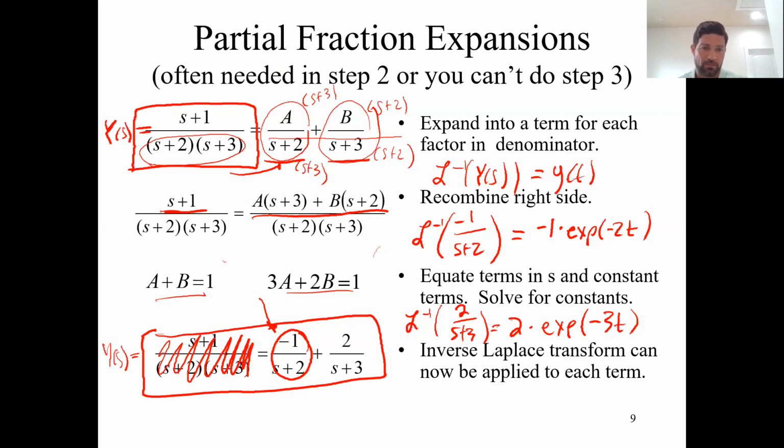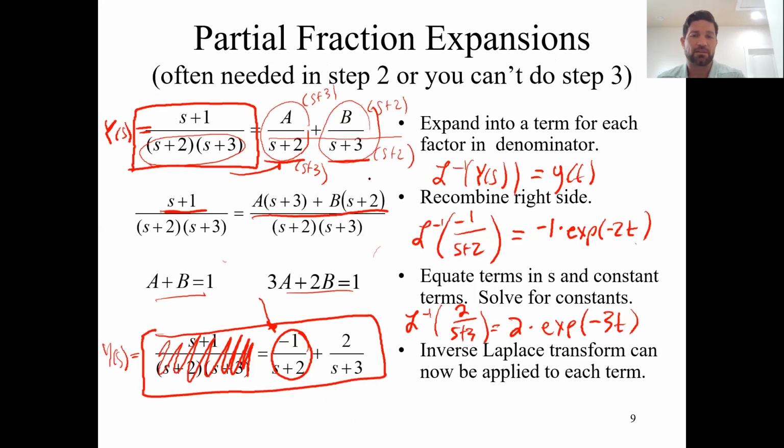So here we can see that y of t is going to equal negative e to the -2t plus 2 times e to the -3t. So we have now solved our differential equation for y of t by using the Laplace transform, and we used partial fraction expansion in order to do that.